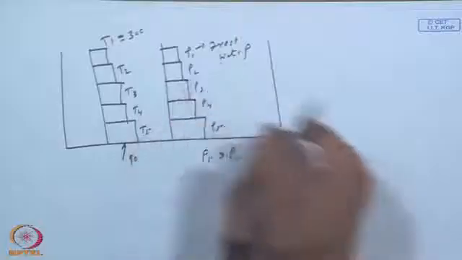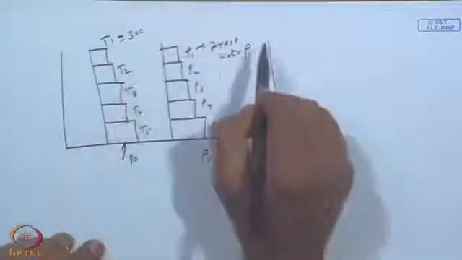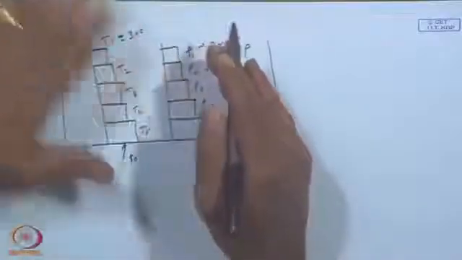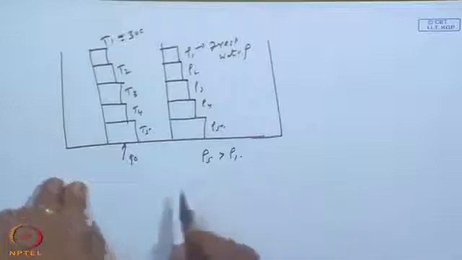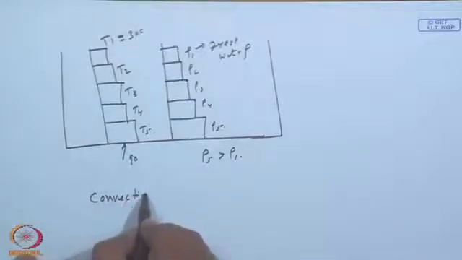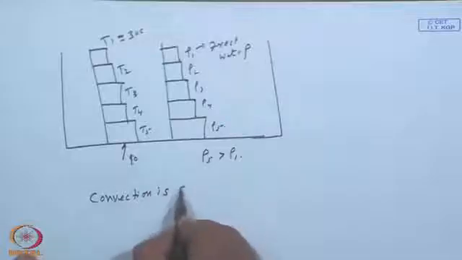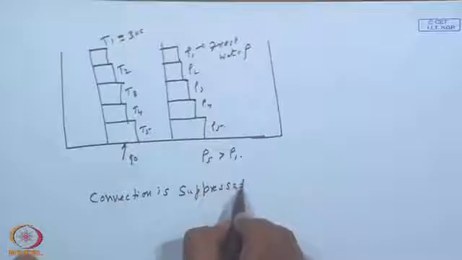So, then this will stay at the bottom and we have this. Given that somehow I built this, my problem will be now convection is suppressed. Right?